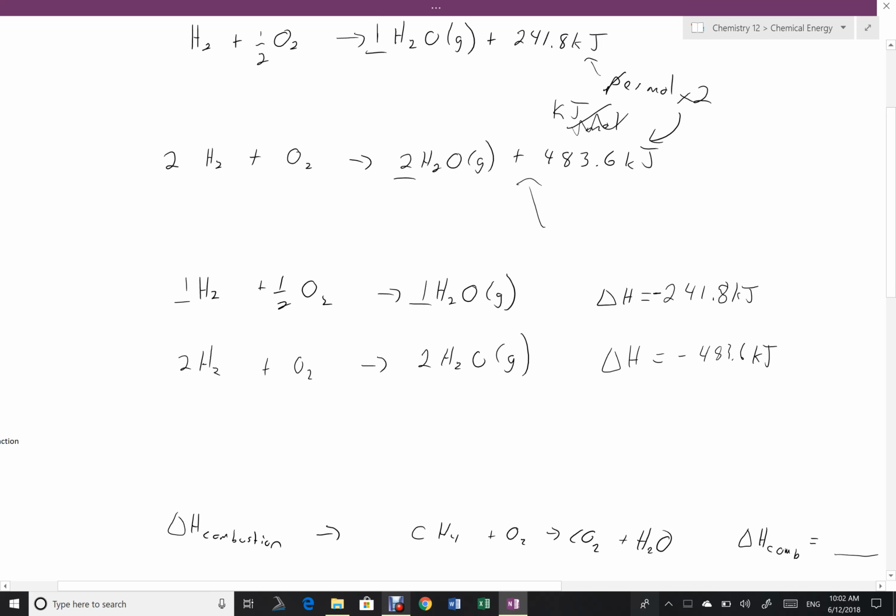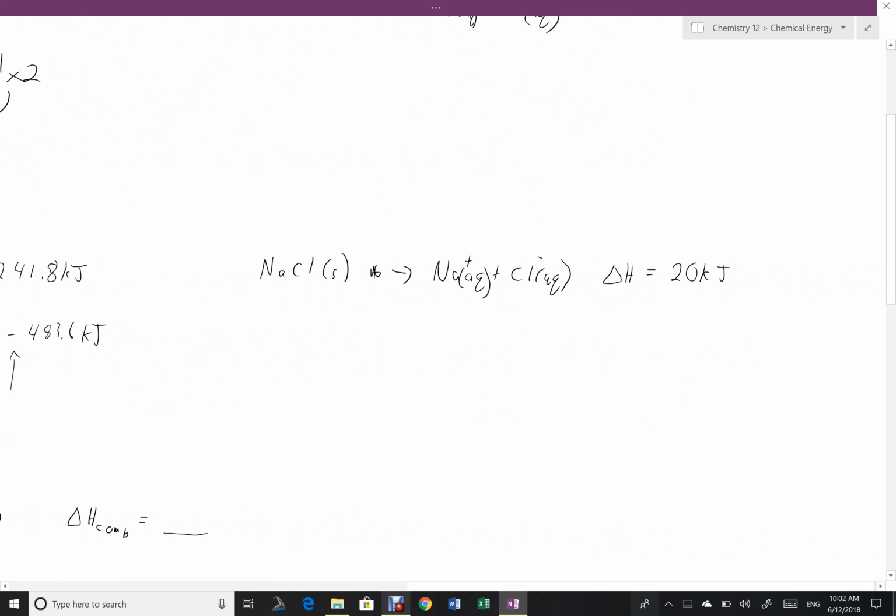We could write it off to the side as a delta H value. These delta H values are assumed to be for 1 mole of the reaction. And again, we can put this as exothermic if it's a negative value, showing that they went to a state of lower chemical potential energy, releasing energy to the environment, or as a positive value for endothermic reactions.